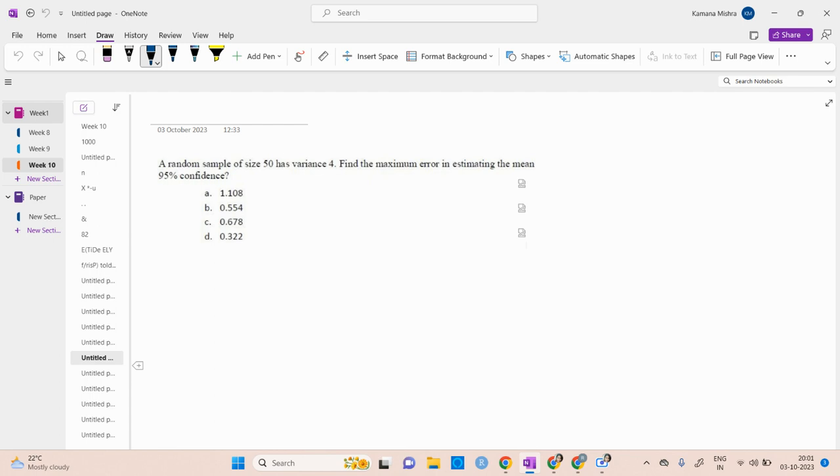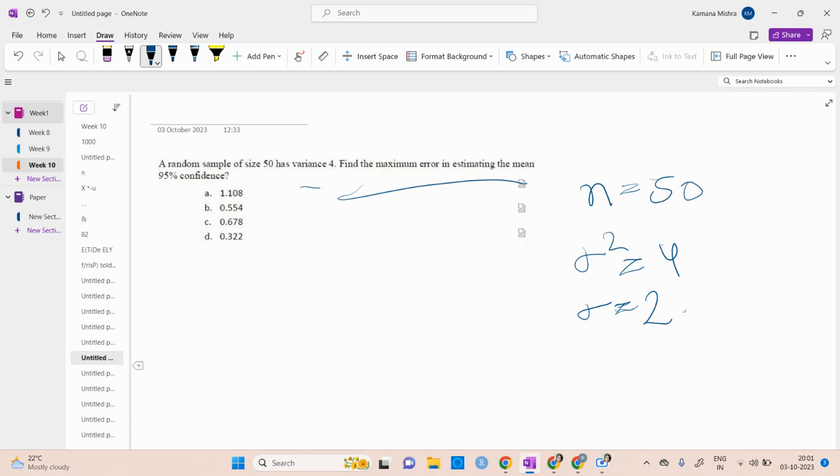So next question is given here is that a random sample of size 50 has variance 4 and the maximum error in estimating 95%. So maximum error will be what? N is 50. So n is 50 means we have n greater than 30, we can use the z statistics also. So sigma square is 4. So sigma is nothing but 2, right?